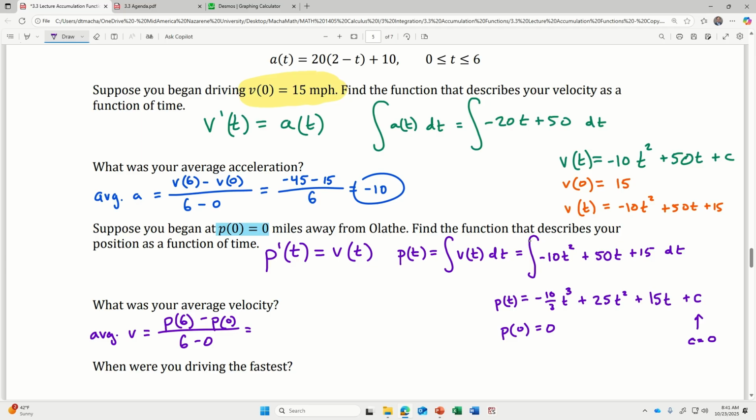That is 270. Remember, the position at the start was 0. So then we divide by 6. Turns out my average velocity was 45 miles per hour.